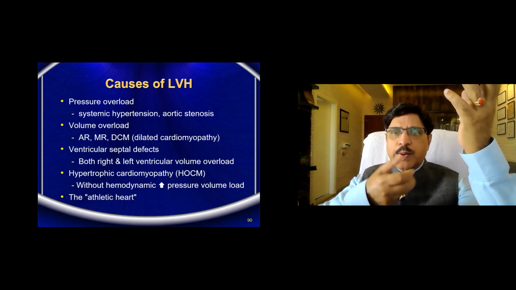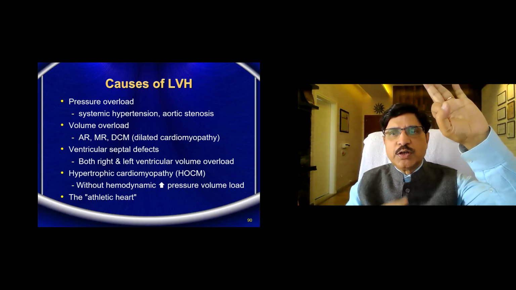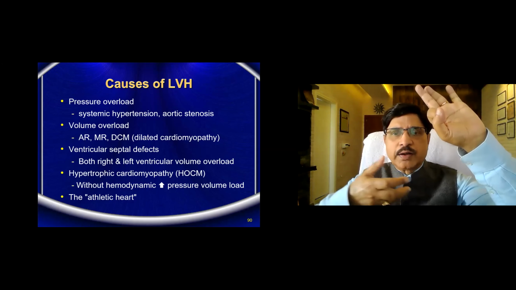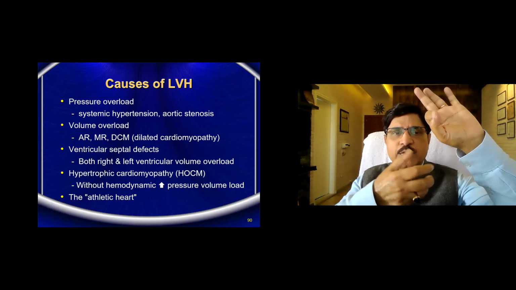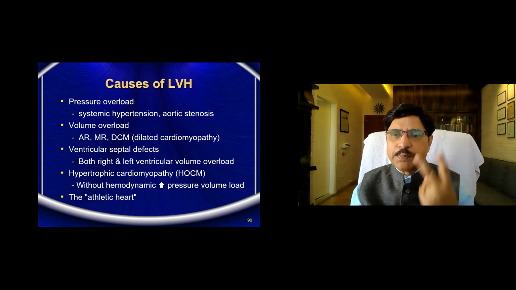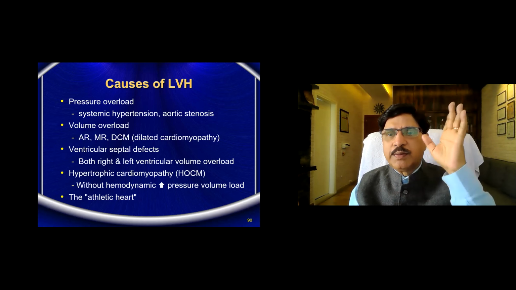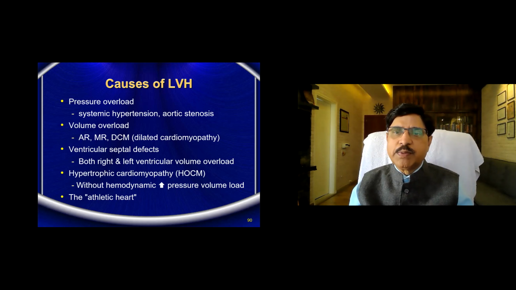It has to pump forcibly, so hypertrophy. Or when the aortic valve is stenosed, against the stenotic valve, the ventricle has to contract with greater force. There will be pressure overload. Okay, two important conditions: aortic stenosis and commonly systemic hypertension are the causes of pressure overload.